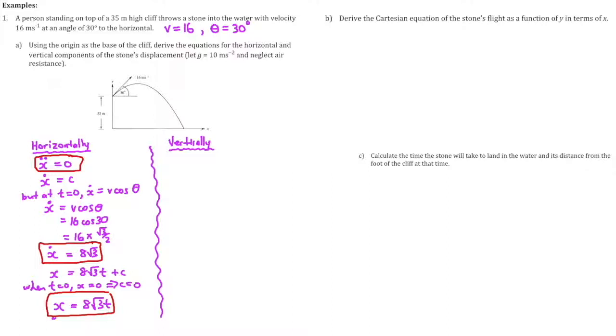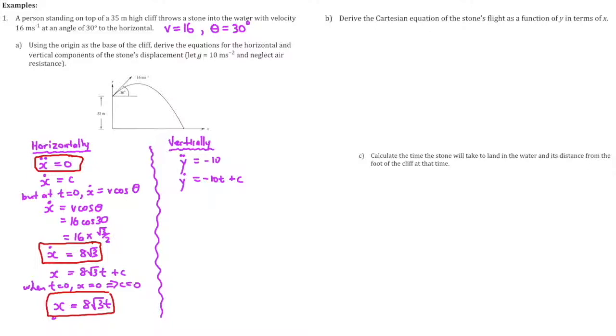So vertically, I know that my vertical acceleration is equal to minus 10. When I integrate both sides with respect to t, I'm going to get my vertical velocity equals minus 10t plus c. Now remember, I chose minus 10 because it says up here, let g equal 10 meters per second squared, and we're not worried about any air resistance.